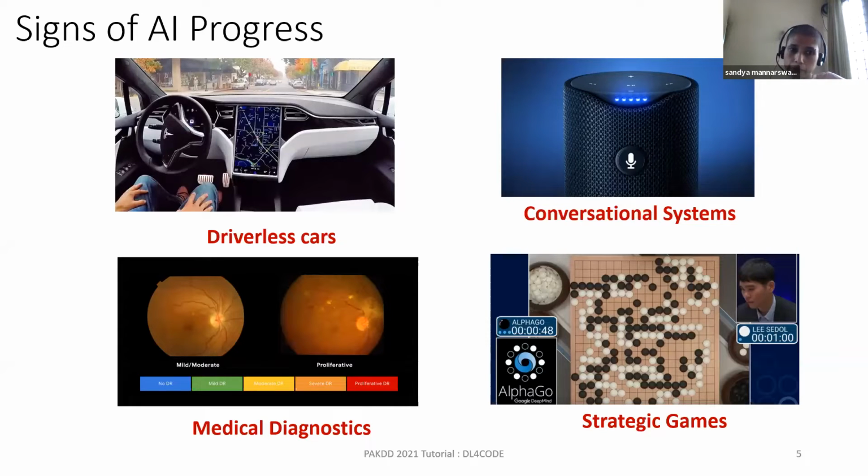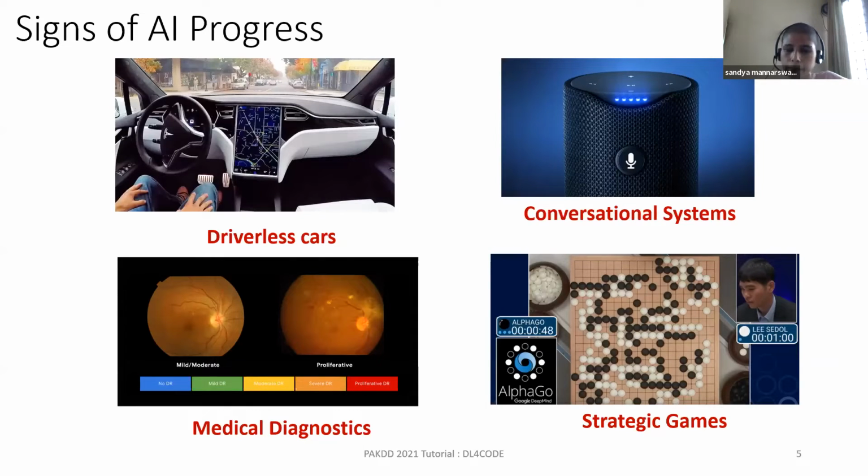Even in the context of the current COVID, there have been deep learning based systems used for analyzing medical records, X-rays and CT scans to do automatic disease identification and so on. So the progress in deep learning, and specifically deep learning and NLP, has been considerable, and there's no question about it.